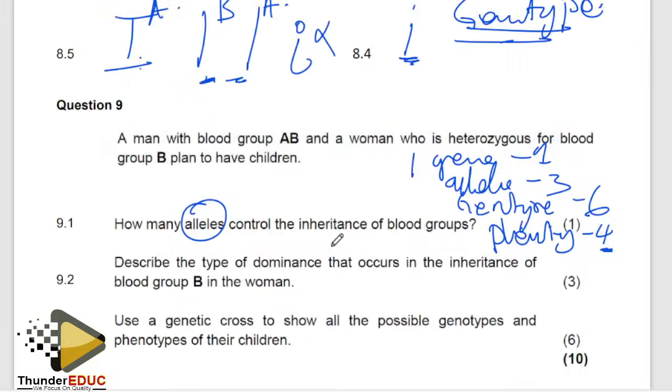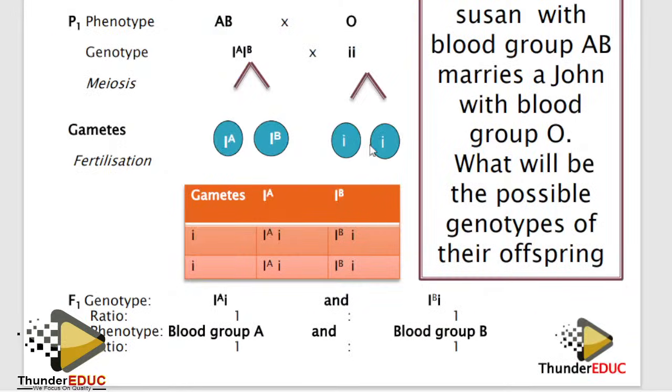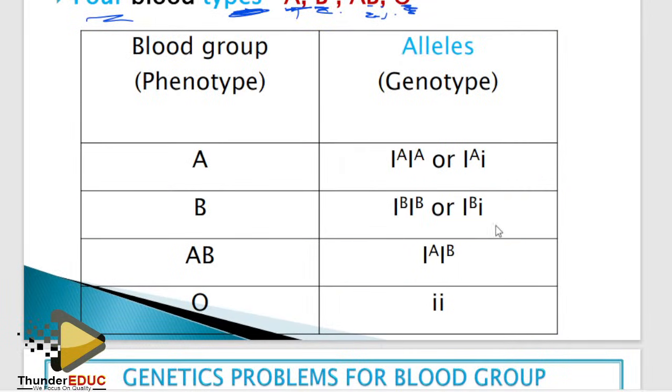So now we go back to our question. Describe the type of dominance that occurs in the inheritance of blood group B. They are saying that a man with blood group AB and a woman who is heterozygous for blood group B, meaning that this lady obtained one dominant allele from the father or mother and another recessive allele from the father or mother.